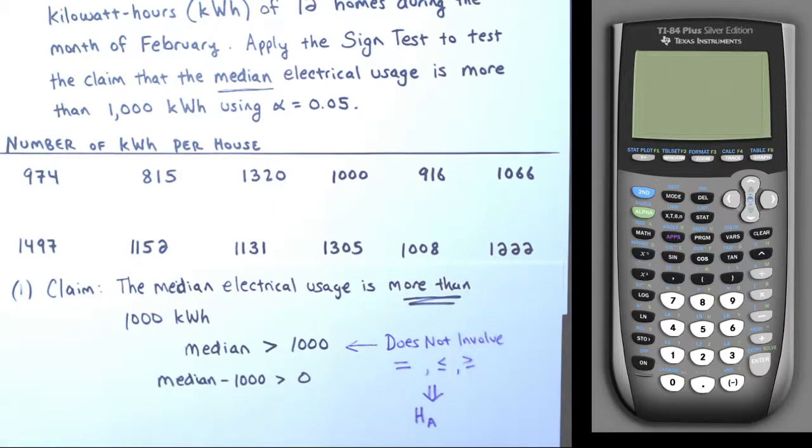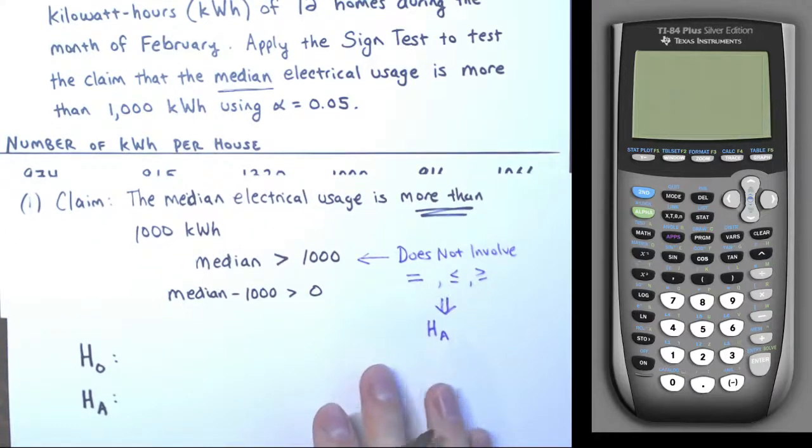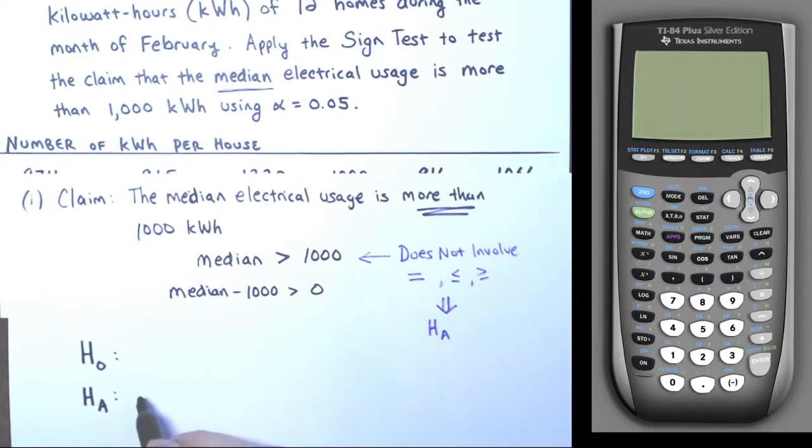All right, so let's set it up. Null hypothesis, alternate hypothesis. This is the alternate hypothesis, that the median is greater than 1,000, or the median minus 1,000 is greater than 0.